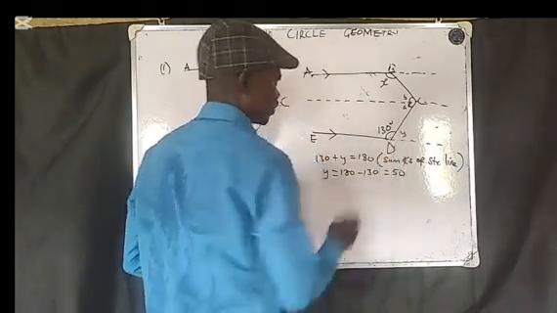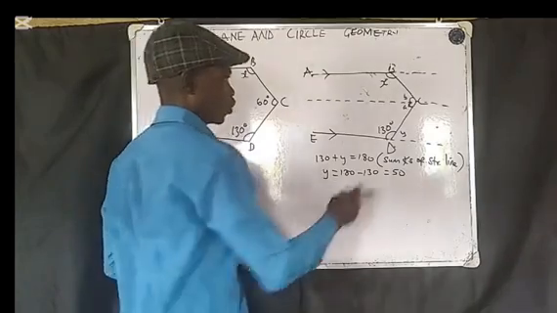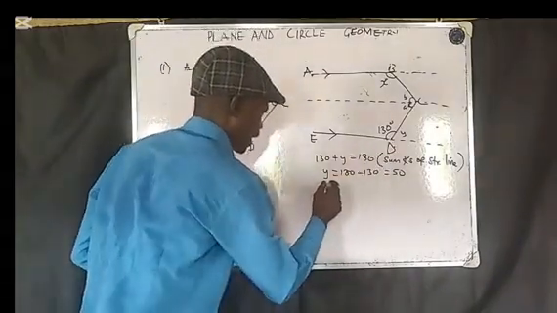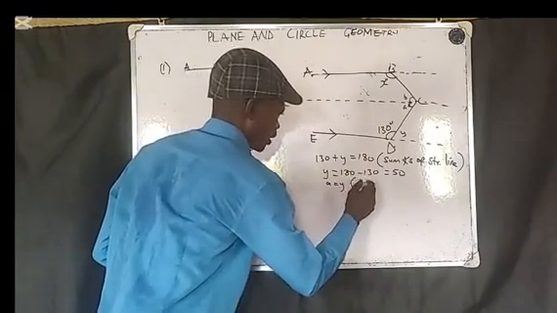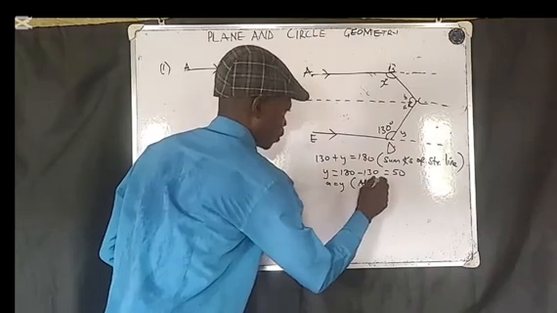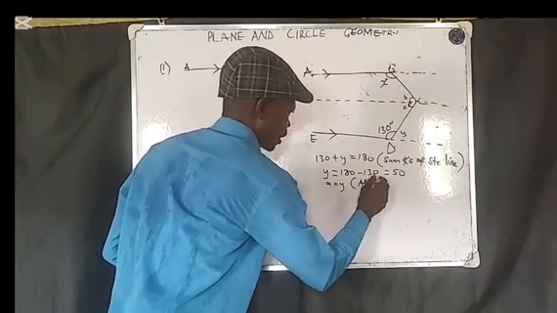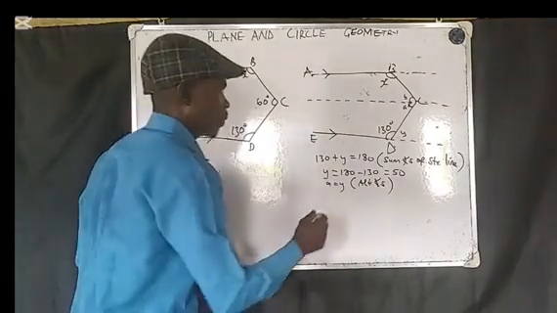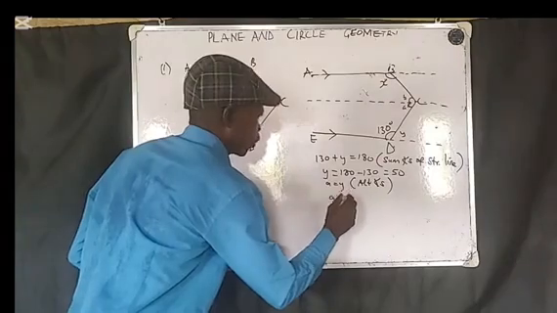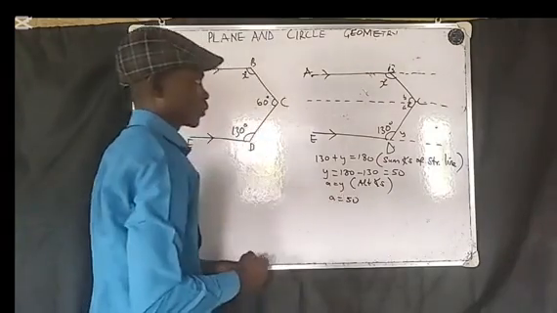So this place is 50. We can also say that A is equal to Y, and the reason is alternate angles are equal. Meaning A is equal to 50.